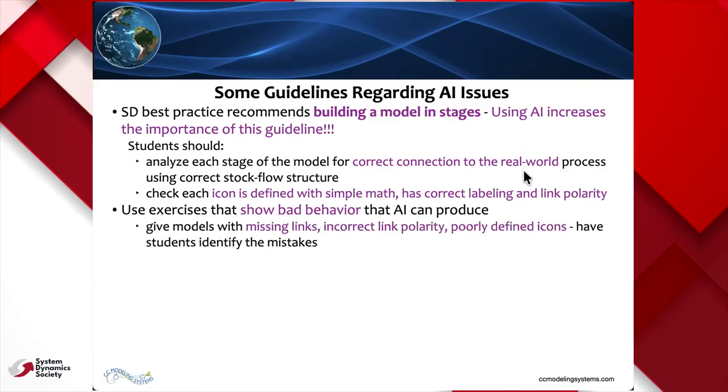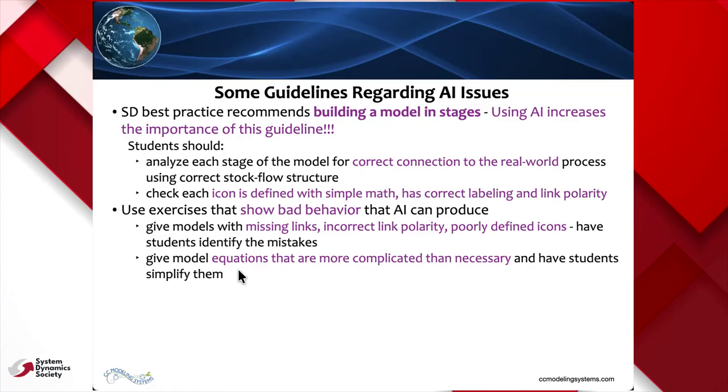Maybe give a model that has missing links or incorrect link polarity or poorly defined icons and have the students identify the mistakes in that structure, so that when they get something from AI, they're automatically thinking, does it have any missing links or any of these pieces? You get them prepped for thinking about AI making mistakes.